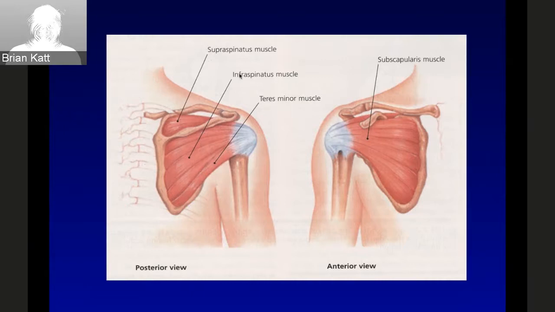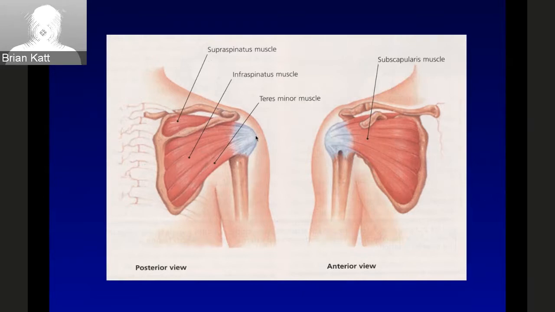The different names of the muscles are here. The subscapularis is in the front. This is looking at the patient from the front, and this is the posterior view looking from the back. The common ones that are torn are the supraspinatus, infraspinatus, and teres minor. And where we're going to see the tear is right on the outside where the tendon meets the bone.